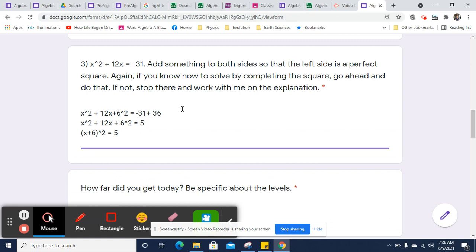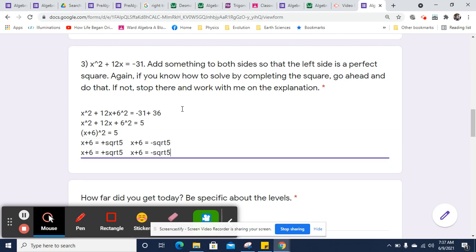The next step is to get the square root of both sides. The square root of x plus 6 squared is just x plus 6. And the square root of 5 is the square root of 5. Of course, there's the plus version, and there's a minus version. And then all that's left to do is subtract 6 from both sides.